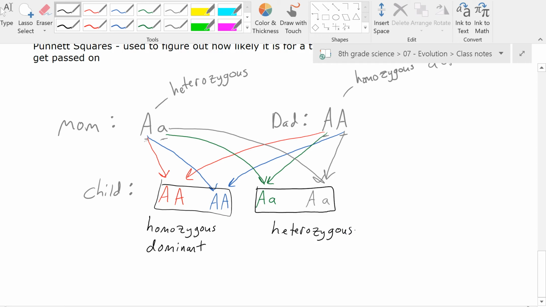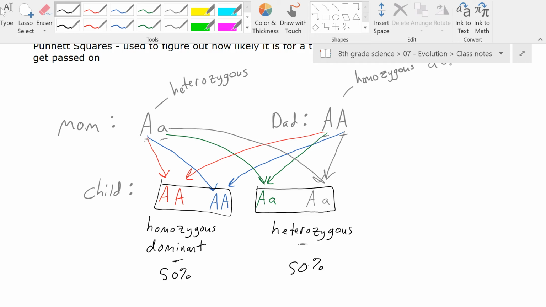And notice that there's only 4 possible outcomes. 2 of them are over here, 2 of them are over here. So we'd say this will happen 50% of the time, and this will happen 50% of the time. So the child has a 50-50 chance, just like flipping a coin, of being homozygous dominant or heterozygous.